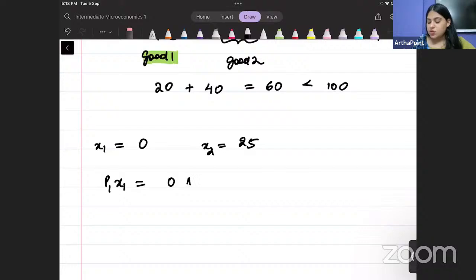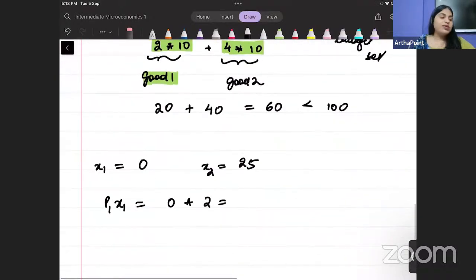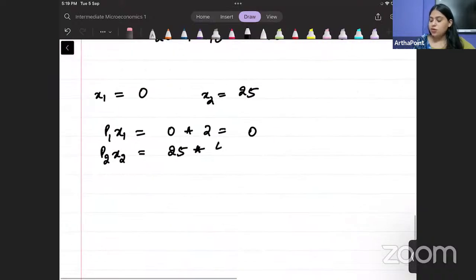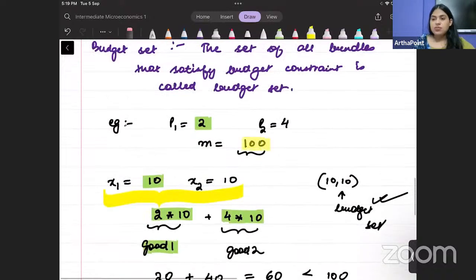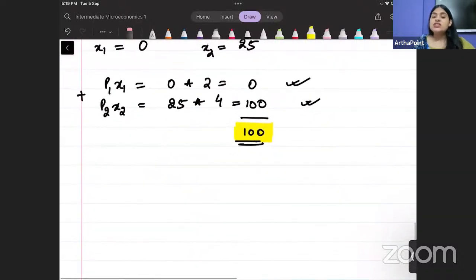P1 x1. So 0, price of good 1 is 2. So this is 0. And beta, what is P2 x2? This is going to be 25 into 4. This is 100. So I'm spending 0 rupees on good 1, 100 rupees on good 2. How much am I spending in total? What is my income? 100. So is this part of the budget line? Yes. Is this part of the budget set? Yes.